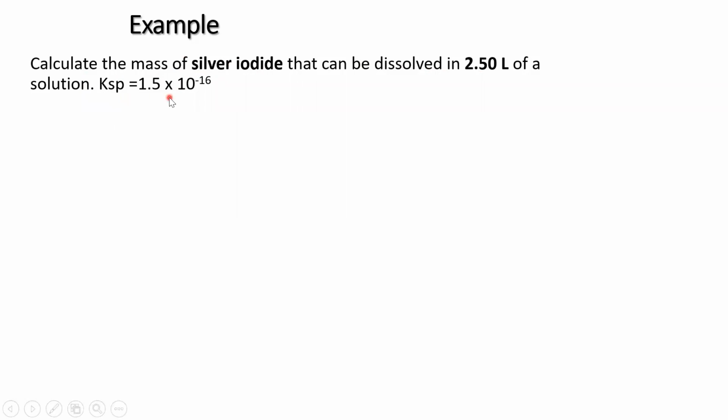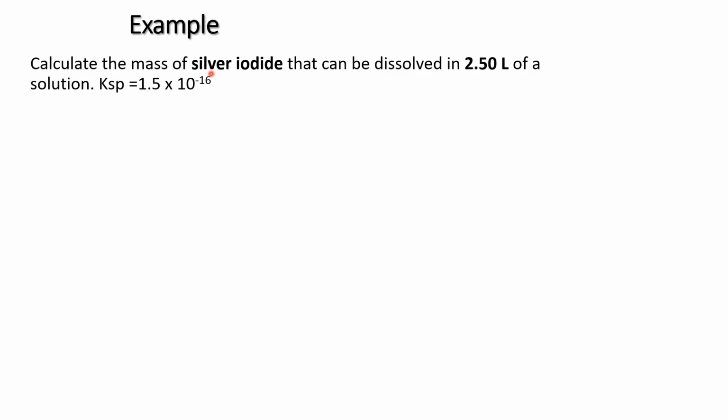All right, we're always going to be doing the same steps. So let's write the equilibrium reaction first. Silver is Ag with a +1. Iodide is I with a -1. So that means silver iodide is AgI.